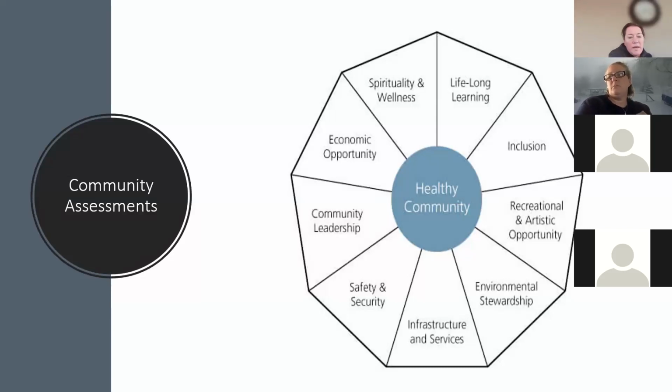What are we looking at when we're looking at communities and the health of the communities? We're looking at spirituality, wellness, learning, inclusion, recreational activities, infrastructure and services, safety and security, our leadership, and our economics. So this is just some of the things we look at when we're looking at community.